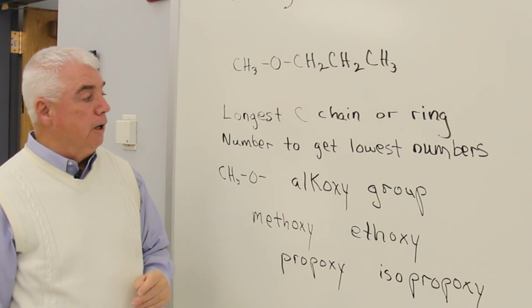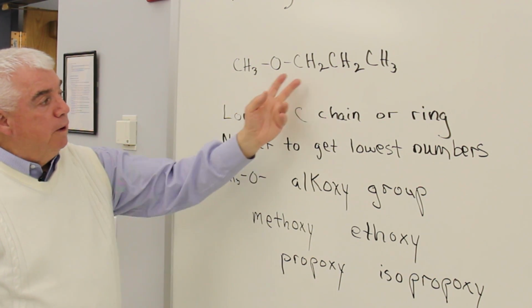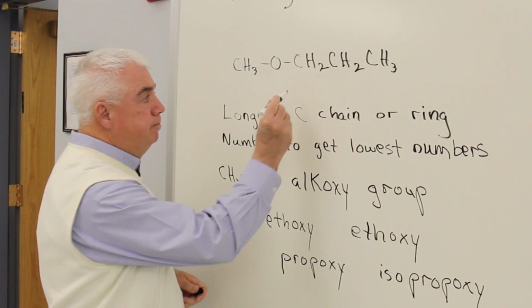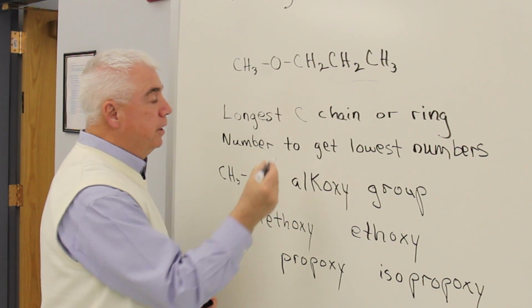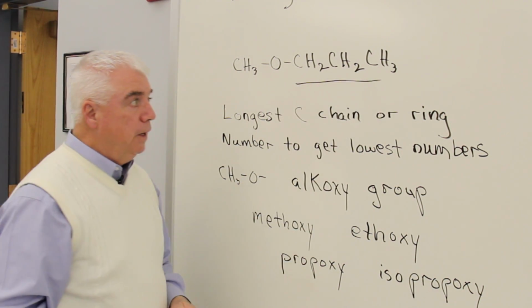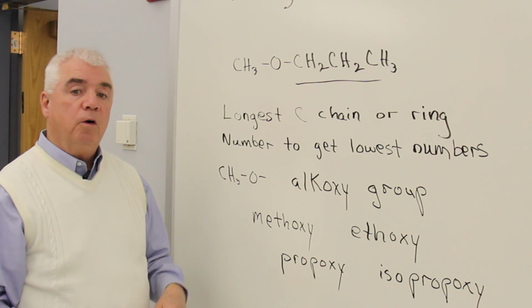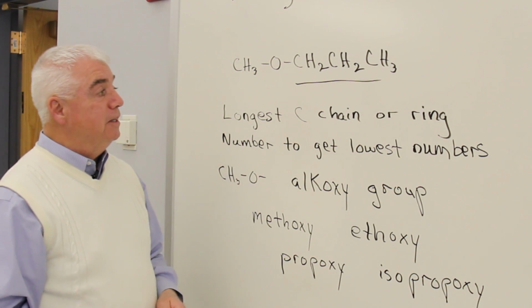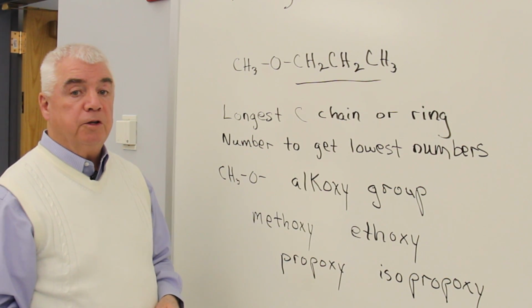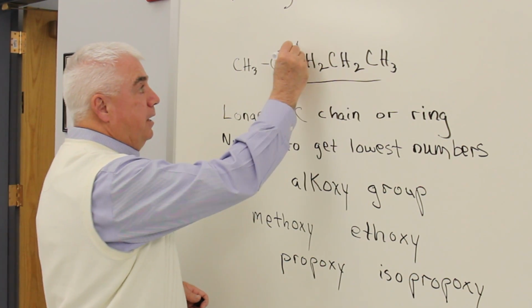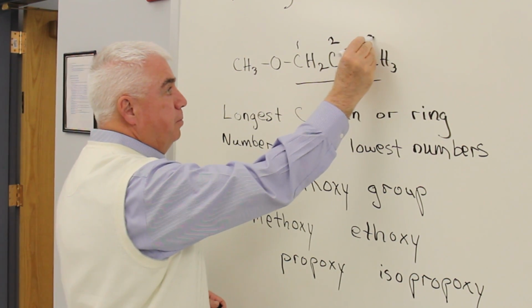Can't number through the oxygen. And then once we've established the longest chain, we're going to number it to get the lowest number for the position of any groups attached. Or another way of saying that is to number from the end closest to the group. That means that we'll number this chain in this manner.